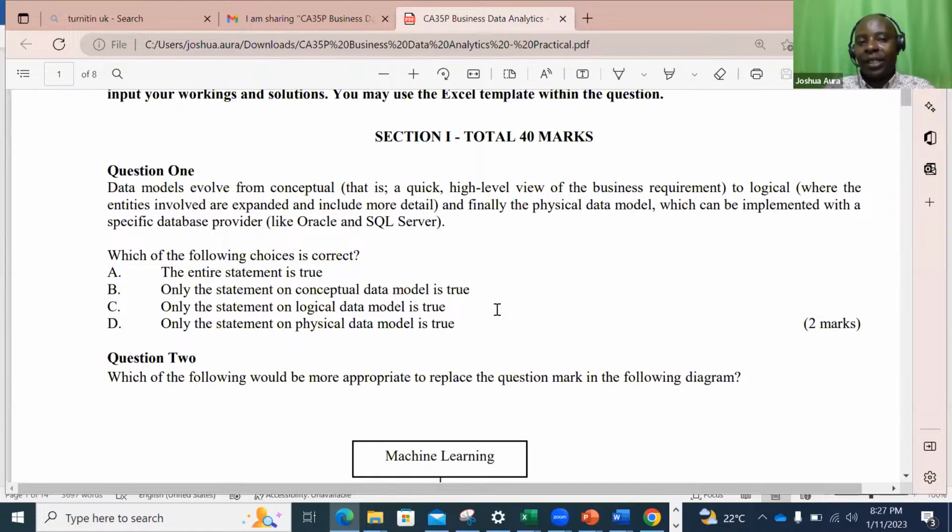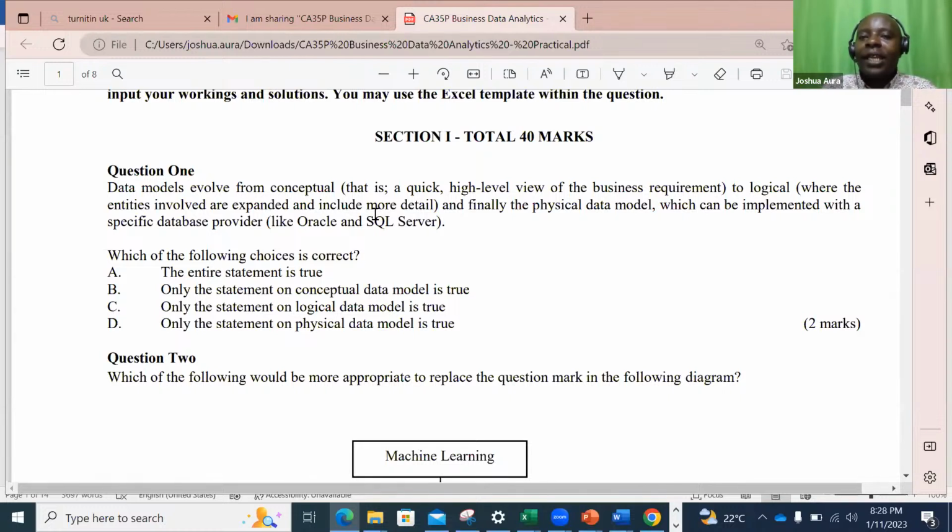And then you come up with a regression model. So these data models normally evolve from conceptual, which is a quick, high-level view of the business requirement, to logical, where you provide relationships. Like what relationships do we have between, for example, female and so on, to logical, where the entities involved are expanded and include more detail because you have expanded this model.